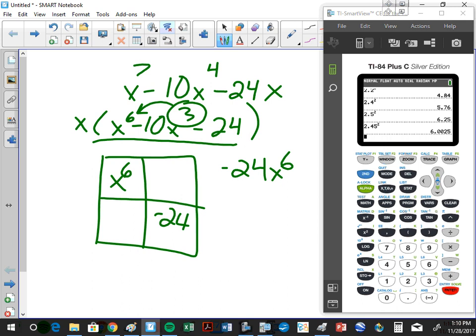Negative 6 and positive 4 don't work. So let's look. Why does negative 6 and negative 4 not work? When you multiply those together, what do you get? Positive 24. Okay. So why doesn't that work? So negative 6 plus 4 is not negative 10. So the 4 and the 6 don't work.